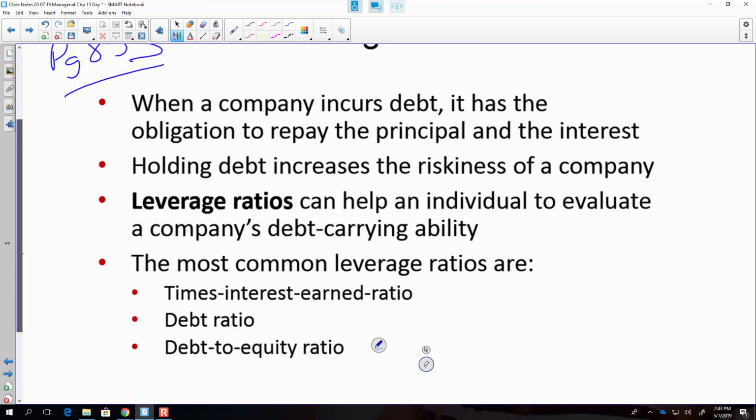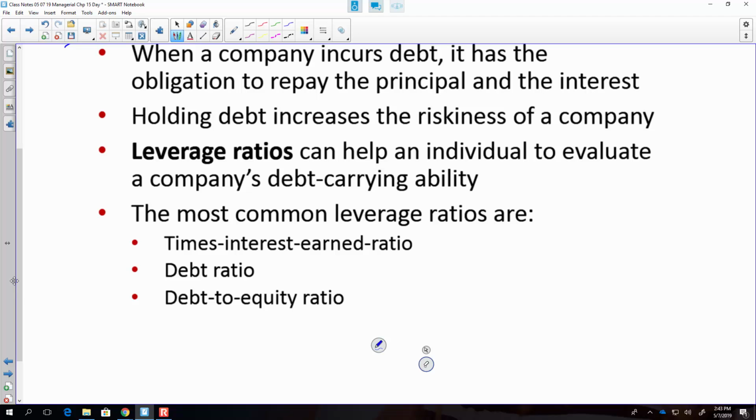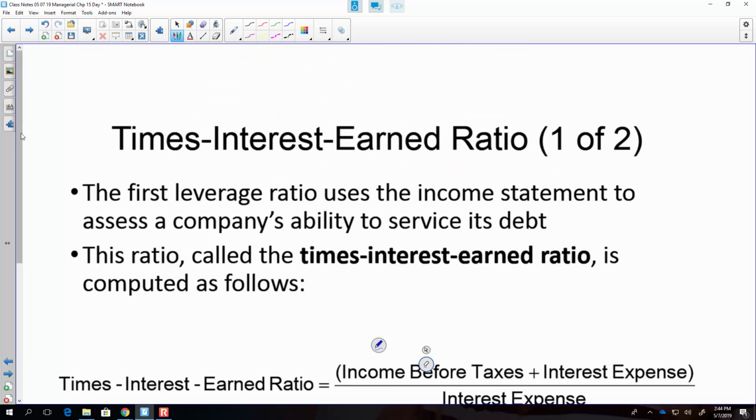There are three of them under the leverage ratios: times interest earned, debt ratio, debt to equity ratio. And basically it shows us how risky they are as far as their ability to pay long-term debt, right? Carry long-term debt, as it shows here. So we'll start with the times interest earned.